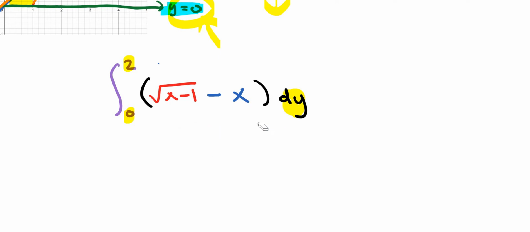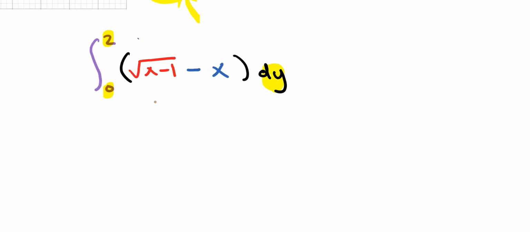So we're going to make another substitution step here. I know that y equals the square root of x minus 1, and I'm going to isolate for x so that I can get everything in terms of y. I can square both sides, and I get y squared equals x minus 1.